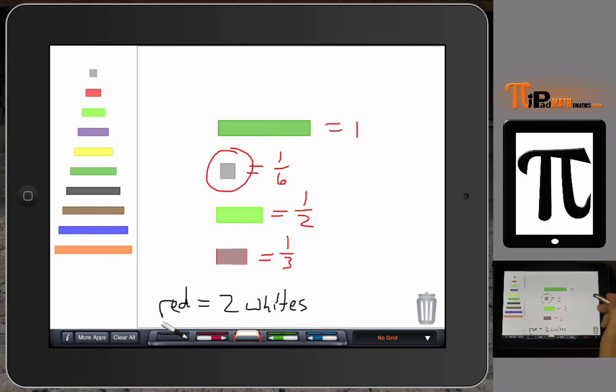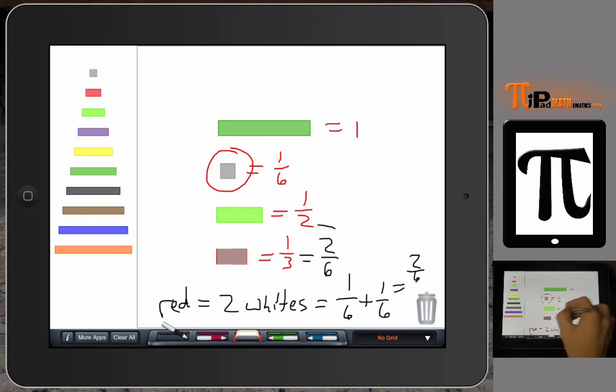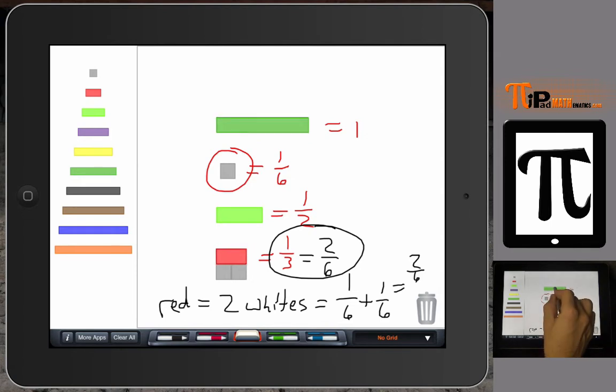So each white is 1/6. 1/6 plus 1/6 equals 2/6. So our 1/3 is really equal to 2/6. This way of modeling shows students that the red rod was 1/3 of our whole and the white rod was 1/6 of our whole, but we can replace the red rod with our white rods, making the red rod equal 2/6. That's equivalent fractions.